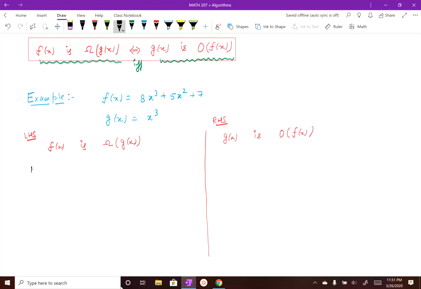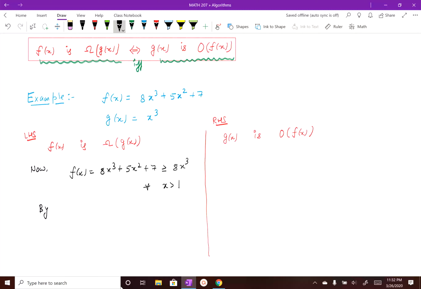Now my f of x is equal to 8x cubed plus 5x squared plus 7, which I can easily say is greater than or equal to 8 times x cubed for every x greater than 1.